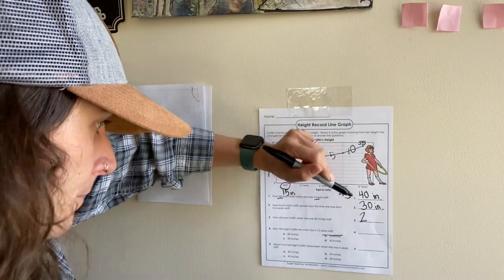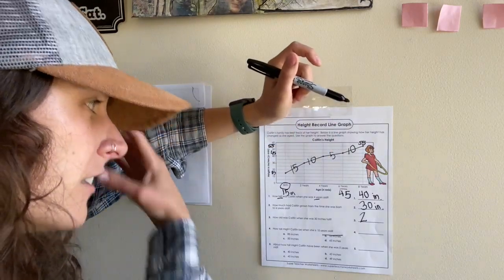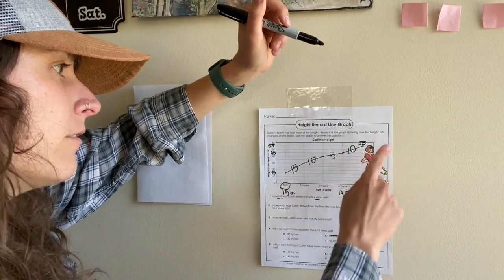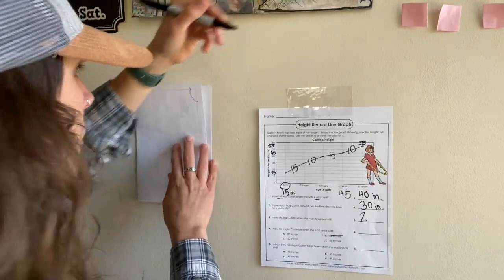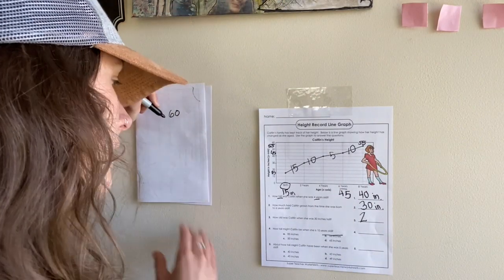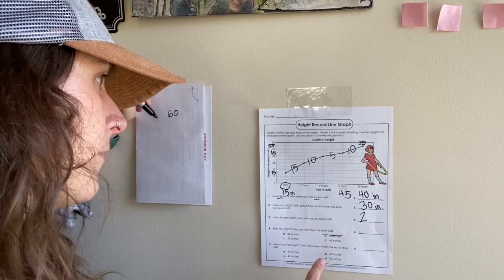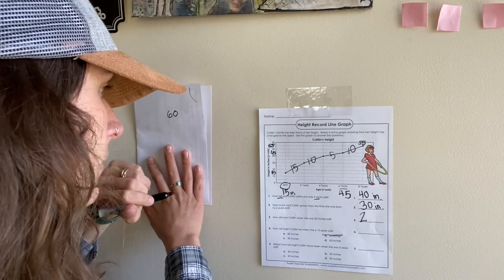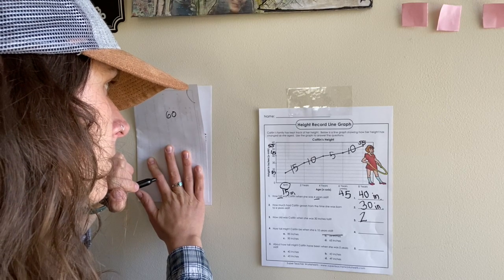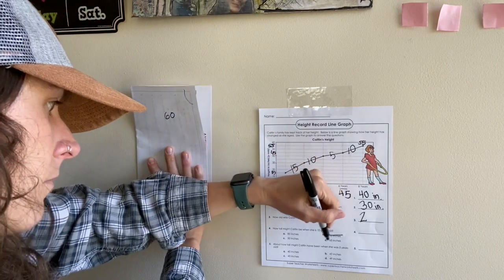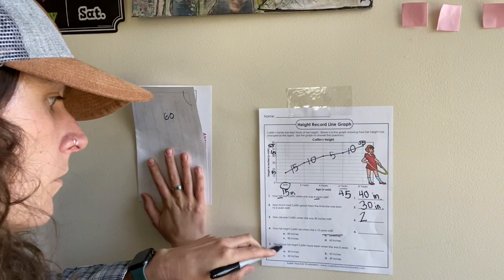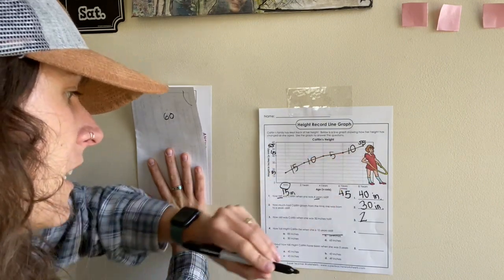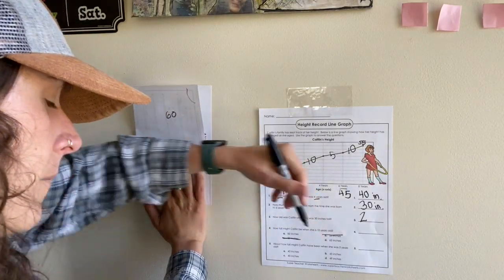So we know it's not B. And her biggest growth spurt was when she was younger. So we're going to add either 5 more or 10 more. Oh, our option here for C, we have 50 inches, but that means she would be getting shorter. So we know that's not our answer.